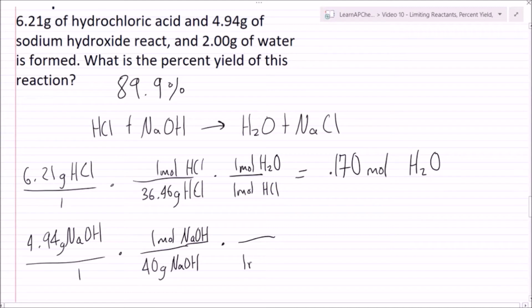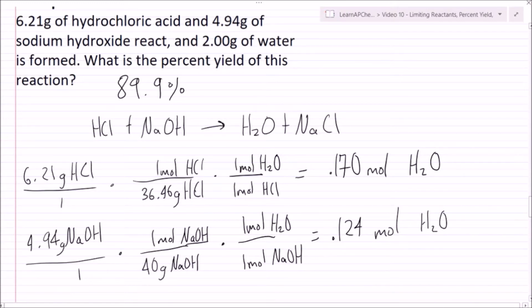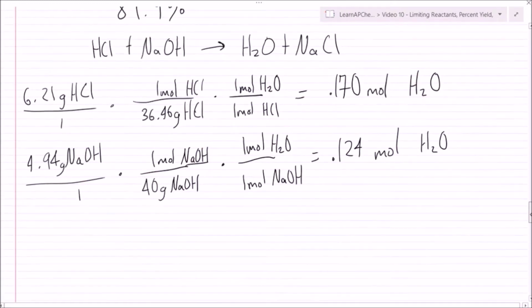And here, 1 mole of NaOH and 1 mole of water. This is going to get us 0.124 moles of water. So here we can see that NaOH is our limiting reactant.